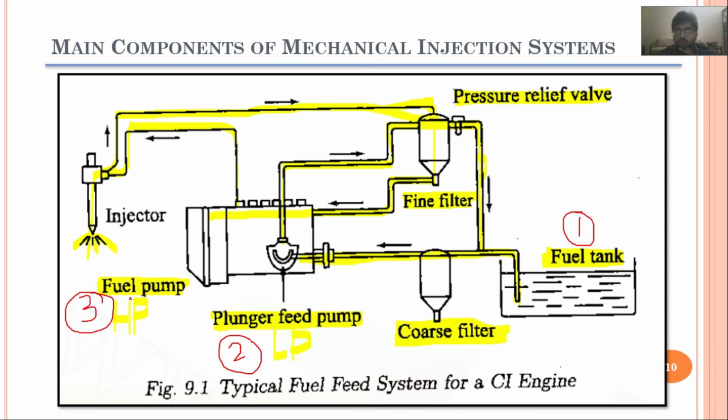Governor is not shown in this diagram, but it would be controlling the fuel pump. As it is not being shown here, I'm not mentioning it, but it would be present in this place and would be controlling this fuel pump, how much amount of fuel it should be injecting.